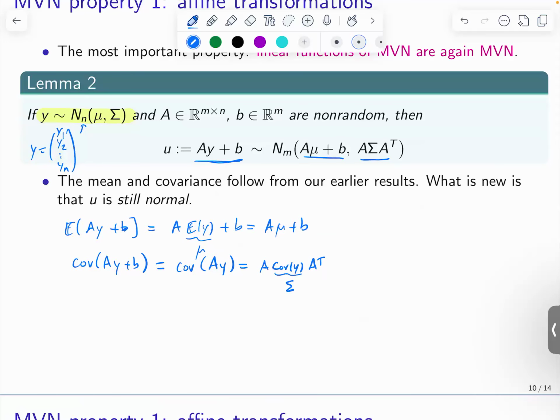Maybe you have seen this in a previous probability course: how you calculate the density of one variable from the density of another, or the reverse. If I give you, let's say, y, and you want to compute the density of y squared, or 2y, or 2y plus 3, have you seen this? There's a thing called the change of variable formula.